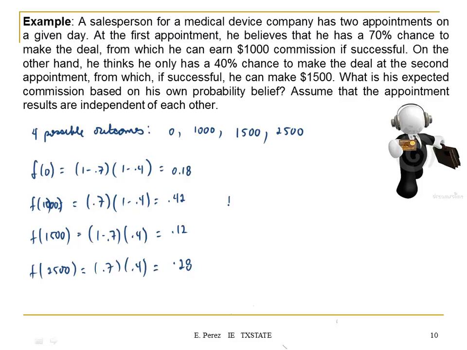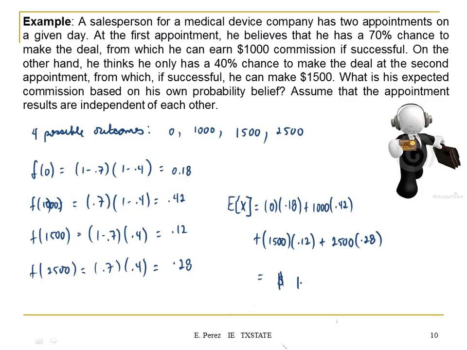So the expectation equals 0 times 0.18 plus 1,000 times 0.42 plus 1,500 times 0.12 plus 2,500 times 0.28, and that equals 1,300.